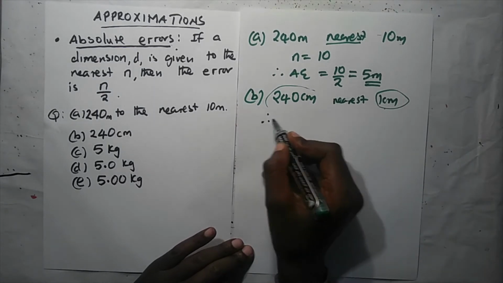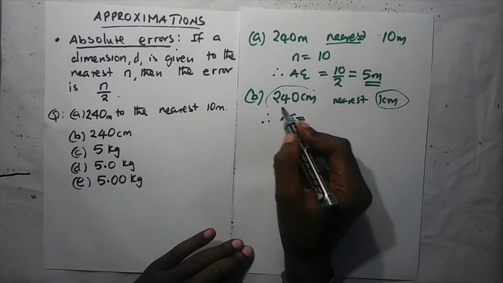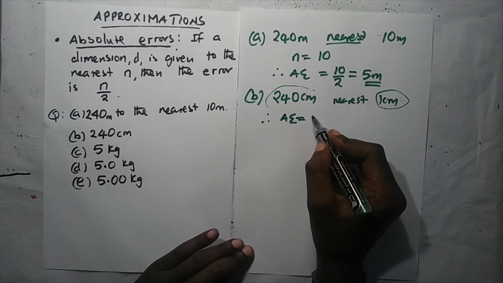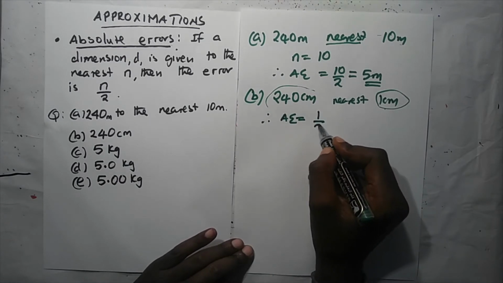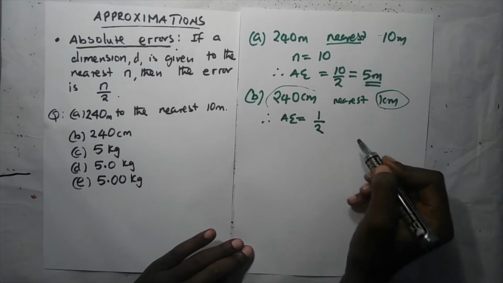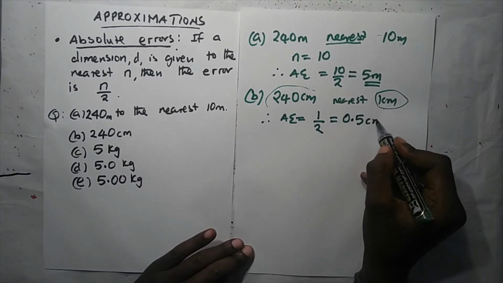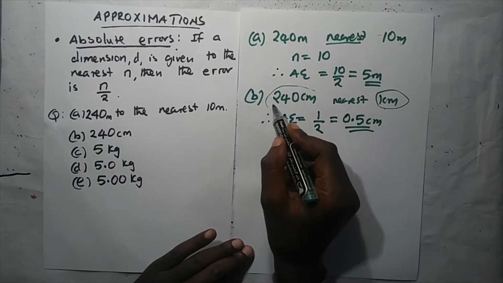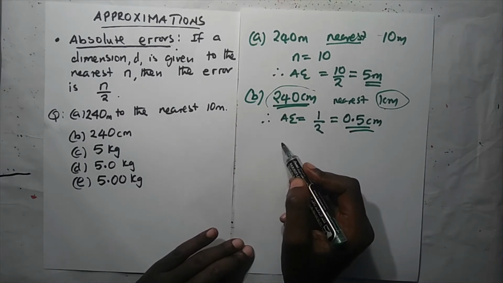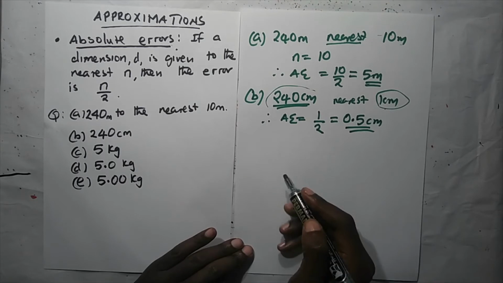And so the absolute error in a whole number like this one will be 1 over 2, where our n is 1. So this is going to be 0.5 centimeters. So the absolute error in 240 centimeters is 0.5 centimeters.